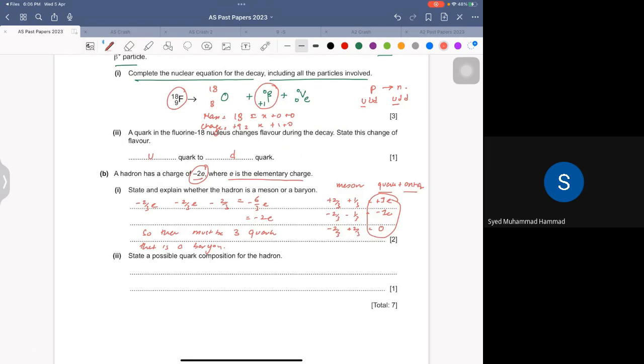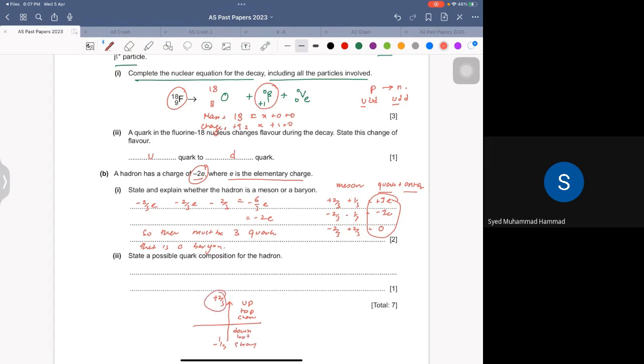So you need to put any 3 anti-quarks. If you remember, I told you that for plus 2 by 3, you have up, top, charm. For negative 1 by 3, you have down, bottom, and strange.